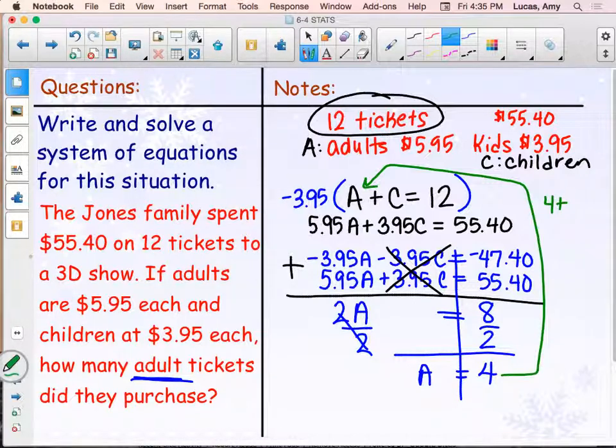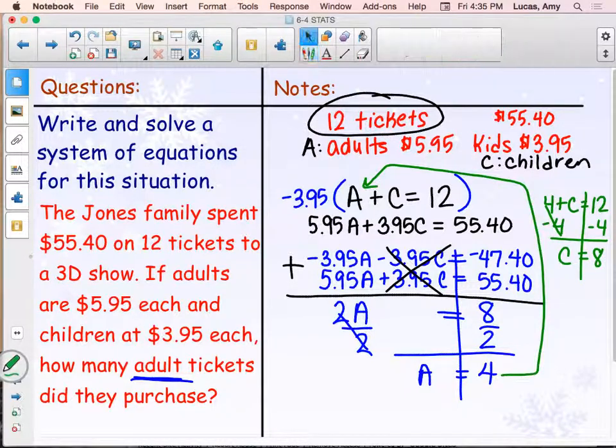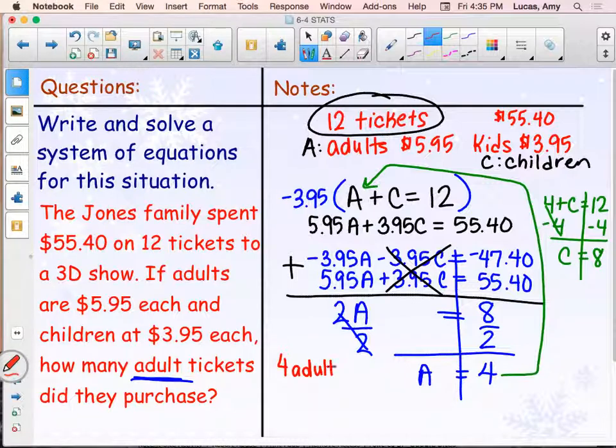So 4 plus C equals 12. If I subtract 4, C equals 8. So they purchased 4 adult tickets and 8 children's tickets. But the question was just saying, how many adult tickets did they purchase? 4 adult tickets were purchased.